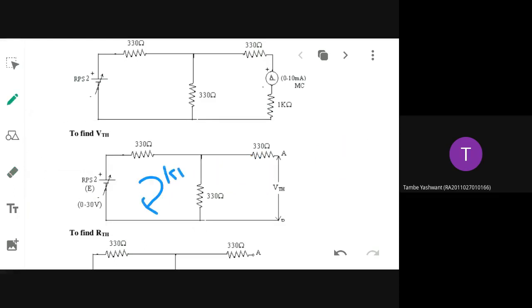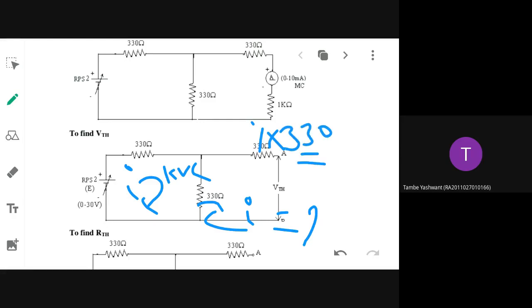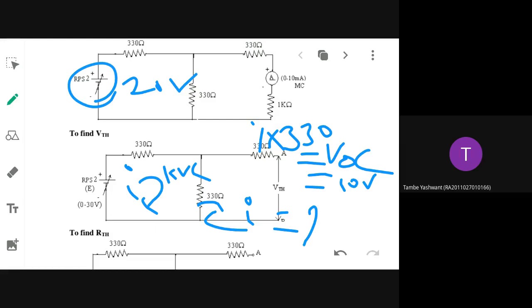Assuming current I, you will write the KVL equation and find out I. That I you multiply with the 330, and that voltage will be equivalent to VOC. That is the manual way of calculation. That should be equivalent to 10 volt if you are keeping 20 volt here. Understood? How to calculate VOC?